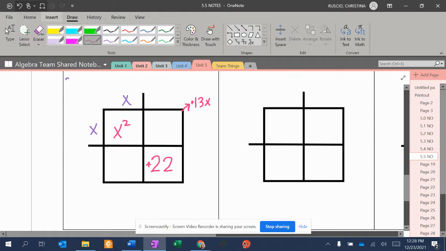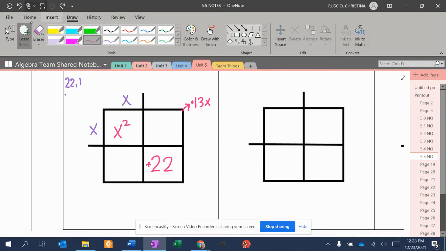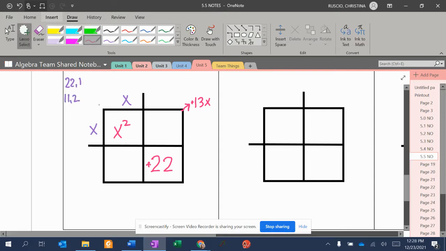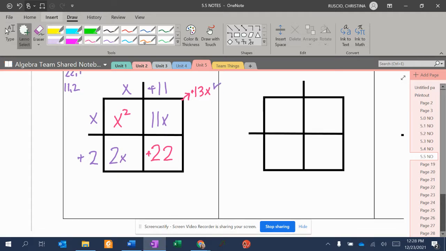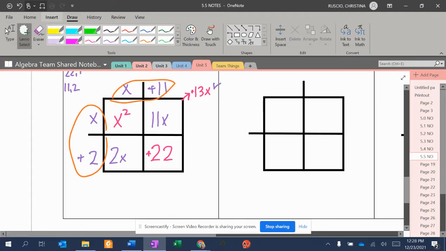Well, that's 22 and 1, or 11 and 2. Well, we got to get to 13 somehow. So I'm going to try 11 and 2. And wait a minute, 2x and 11x. I think we found it. These are both positive. That's 13x. So my answer, remember, they come from the sides. So x plus 2 all times x plus 11.